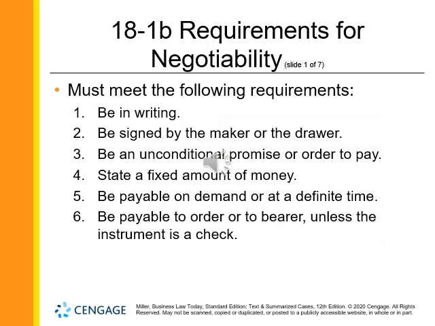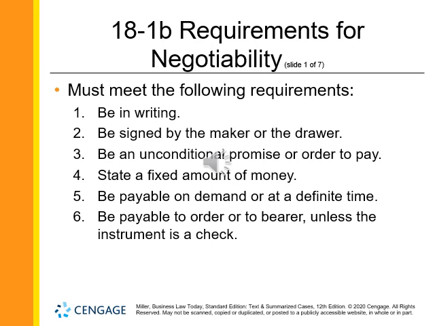And here are those requirements for negotiability. It's important because while there are many forms of promissory instrument, promissory notes, only certain ones are going to meet the requirements for negotiability.